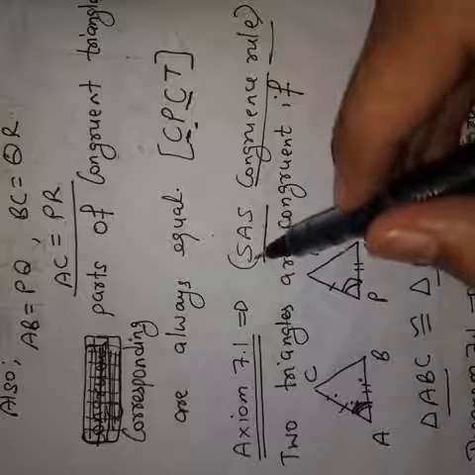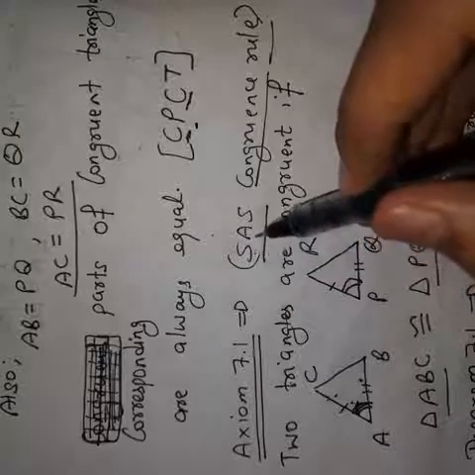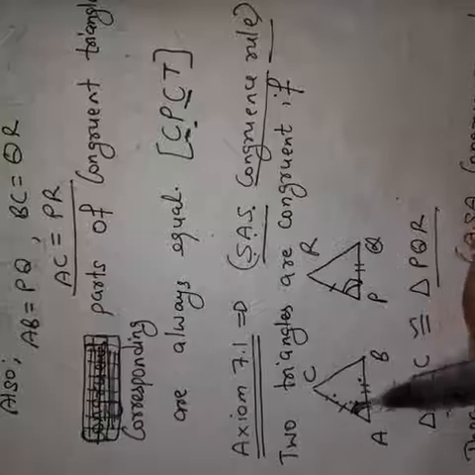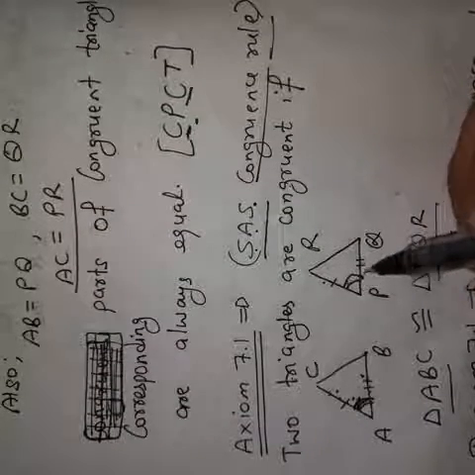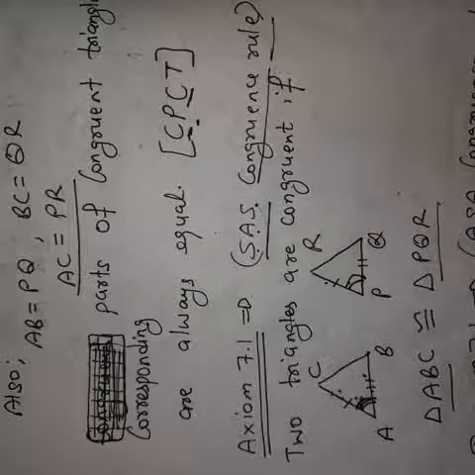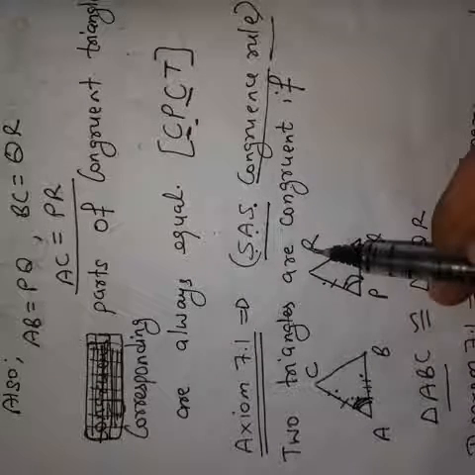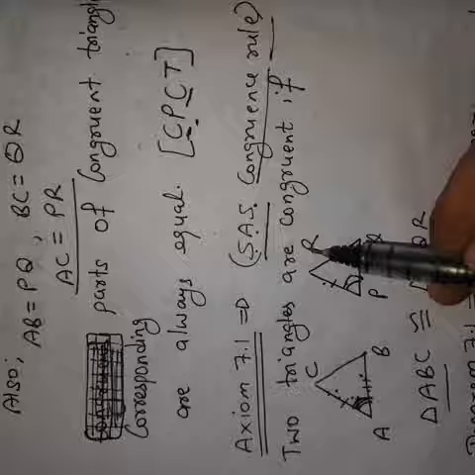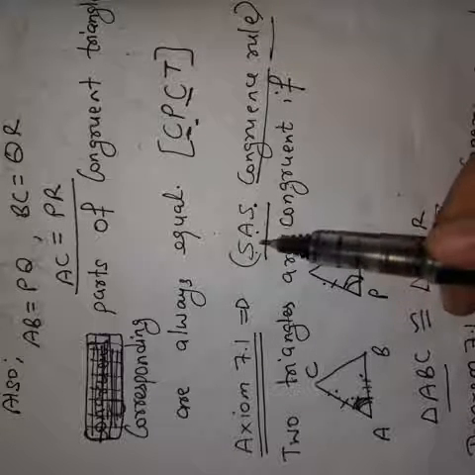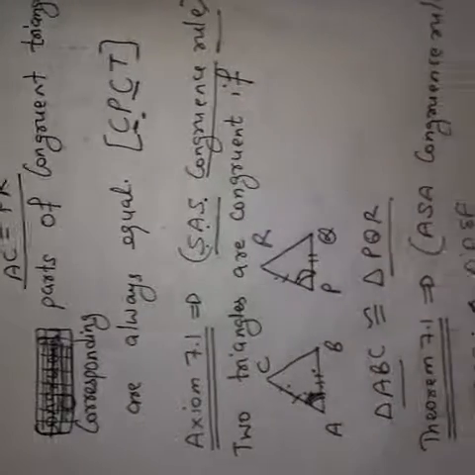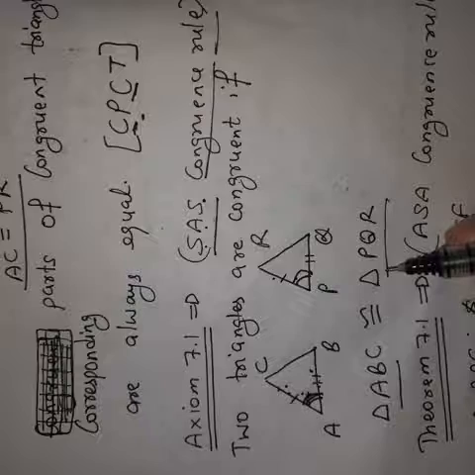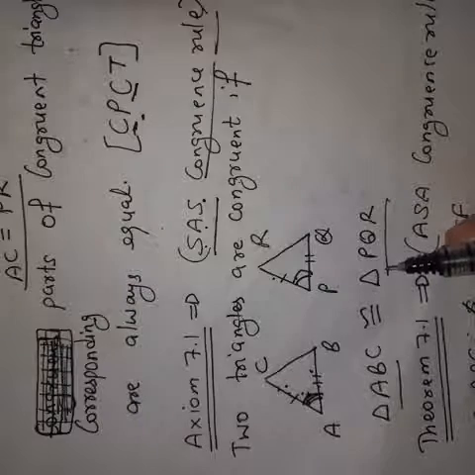So this S represents side angle side. So if side angle side of one triangle is equal to side angle side of a corresponding triangle, then by SAS rule we can say that triangle ABC is congruent to triangle PQR.